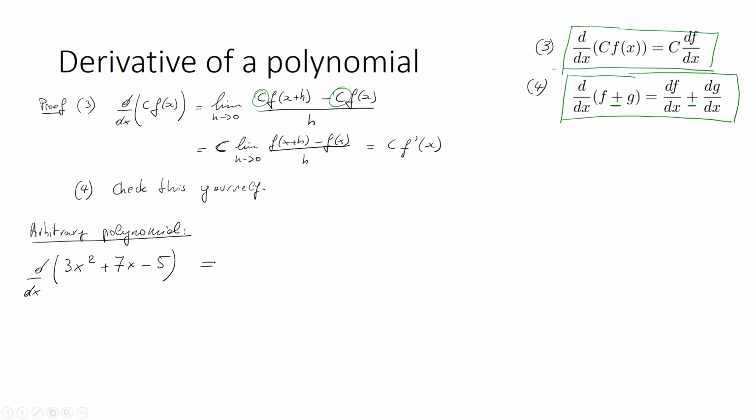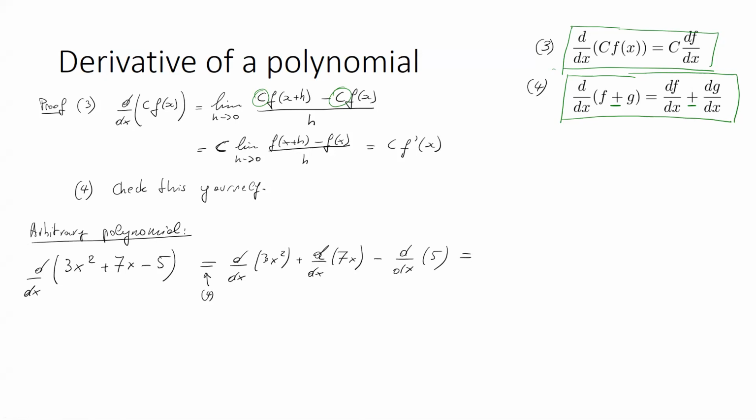So I'm going to write it out long and in full to say what rules we use. So first, let's use rule number 4, the one that says that the derivative of the sum is the sum of the derivatives, to chop this up into monomials. So write this as d/dx of 3x squared plus d/dx of 7x minus d/dx of 5.